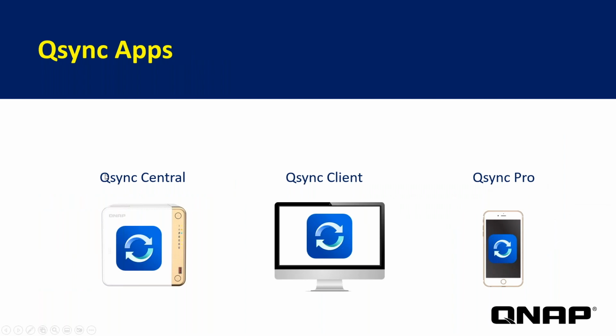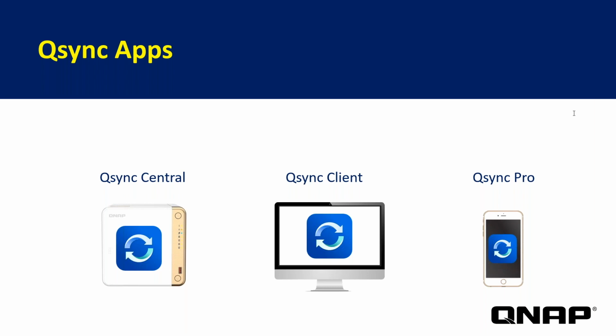Qsync uses 3 apps to manage and access files: Qsync Central, Qsync Client, and Qsync Pro. Qsync Central is the app that is accessed on the QNAP interface. It is where you manage users, folders, versioning, and other settings. Qsync Central is the main place of control for Qsync.